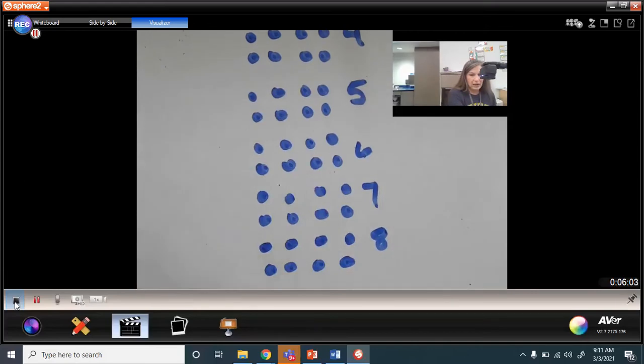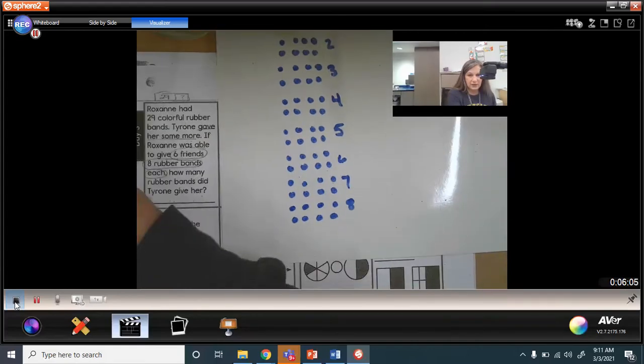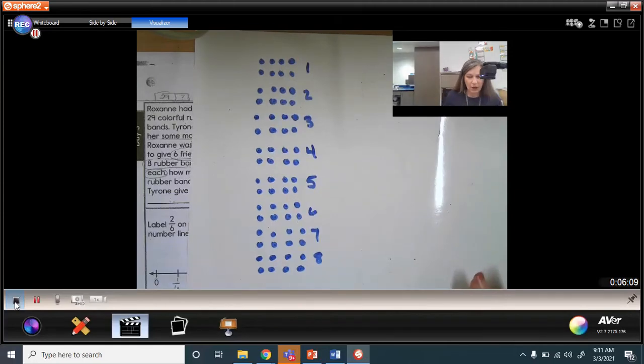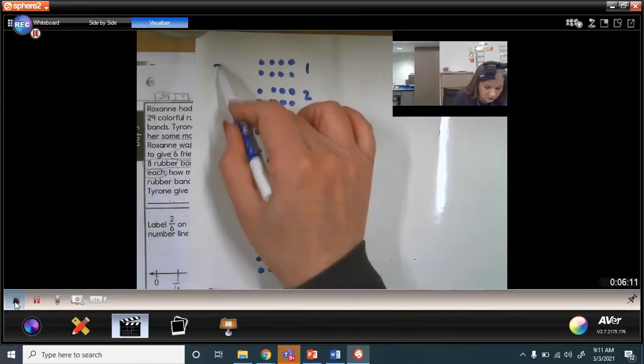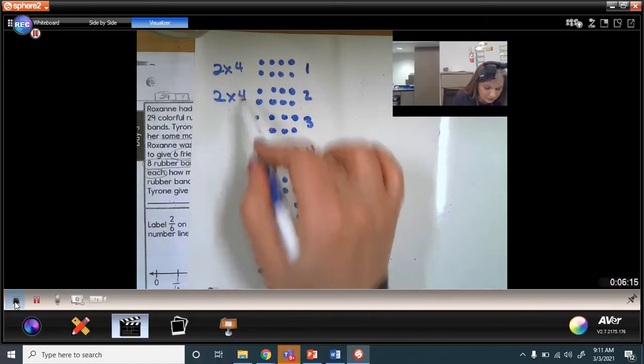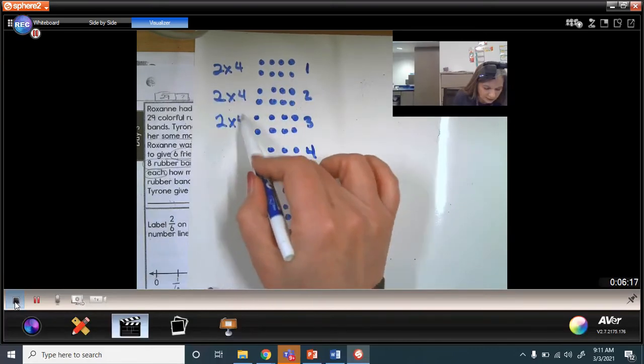Now I'm going to zoom out just so you can see. Look at how much I had to draw in order to show this idea of 2 times 4, 8 times.